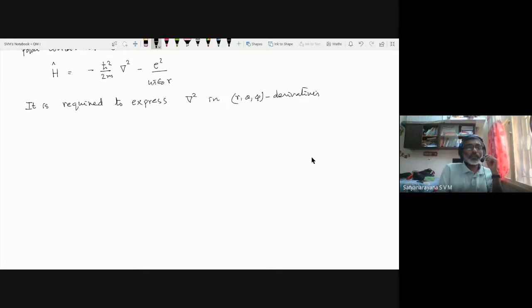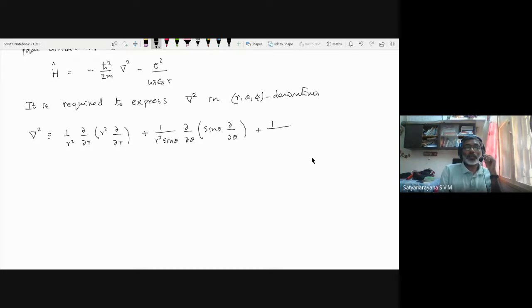Now let me first write down. So this del square, in spherical polar coordinates, is given as 1 by r square into del by del r into r square del by del r, plus 1 by r square sine theta into dou by dou theta into sine theta dou by dou theta, plus 1 by r square sine square theta dou square by dou phi square.